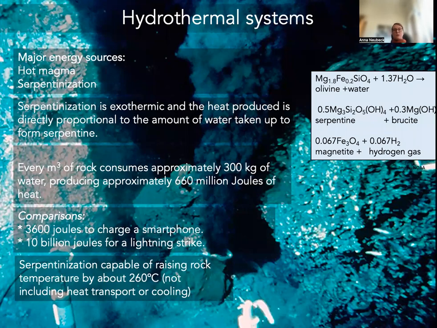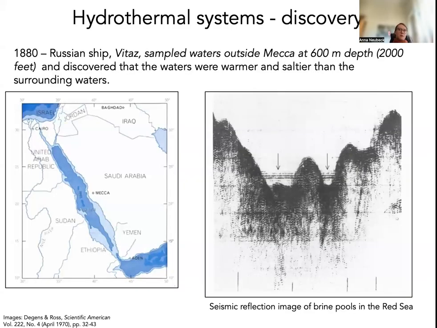And that is if we do not include the transport of heat or the cooling of the rocks itself. So it's a reaction that is quite powerful, and it has been suggested to be one of the driving forces for some of the hydrothermal vent systems on the ocean floor, even though that is a bit disputed.